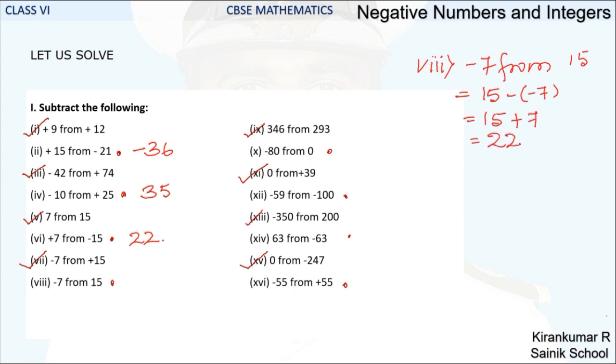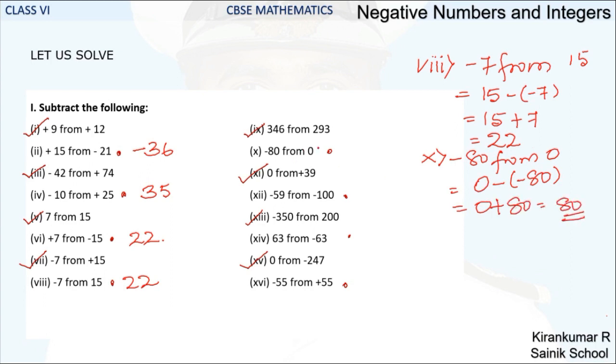The right answer is 22. The answer for the 8th one is also 22. 10th question, minus 80 from 0. So 0 minus 80. Changing into an addition question, it becomes 0 plus 80, which is positive 80. So the right answer is positive 80.